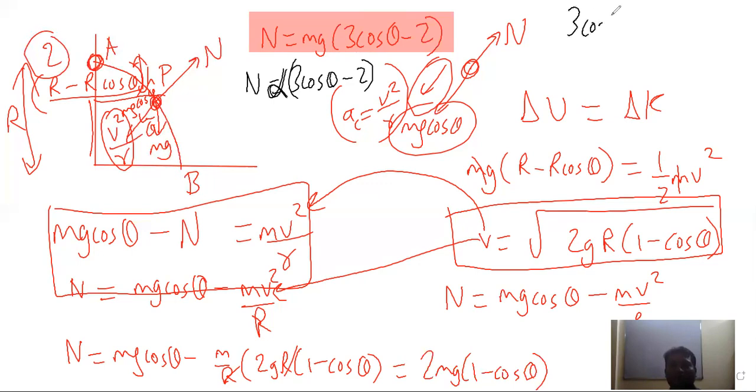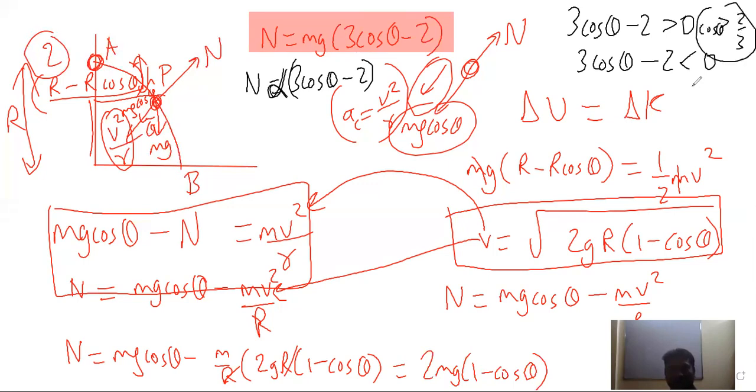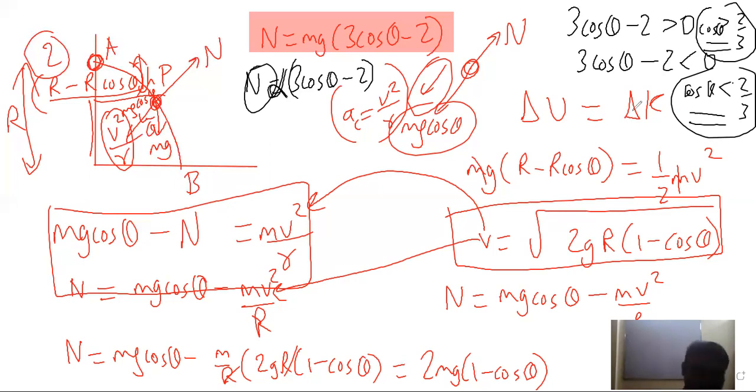If 3 cos theta minus 2 is positive, then cos theta is greater than 2 by 3. And if 3 cos theta minus 2 is less than 0, then cos theta is less than 2 by 3. So the direction of normal reaction will depend on whether cos theta is less than or greater than 2 by 3. In this case, we can have radially inward and radially outward, both directions are possible.